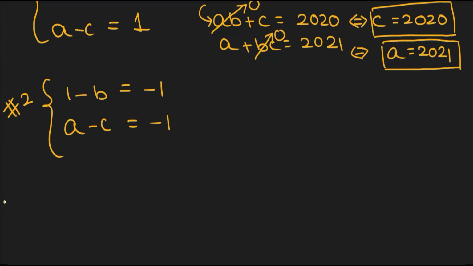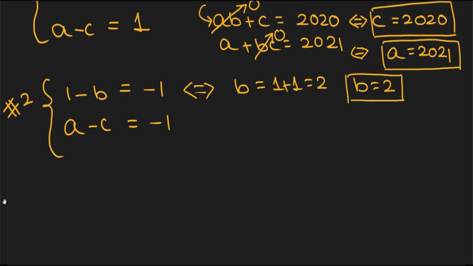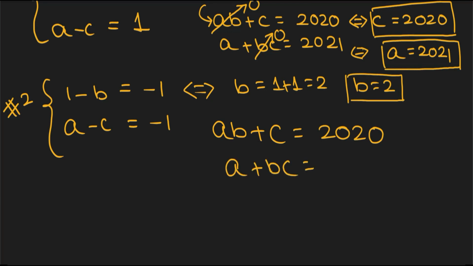As we can see, the value of 1 minus B is equal to minus 1. From here, we can find the value of B is 1 plus 1, that is equal to 2. Hence, the value of B is equal to 2. And the original equations are AB plus C is equal to 2020 and A plus BC is equal to 2021.